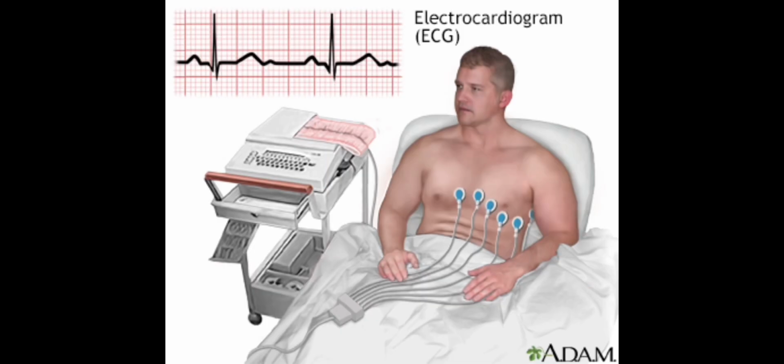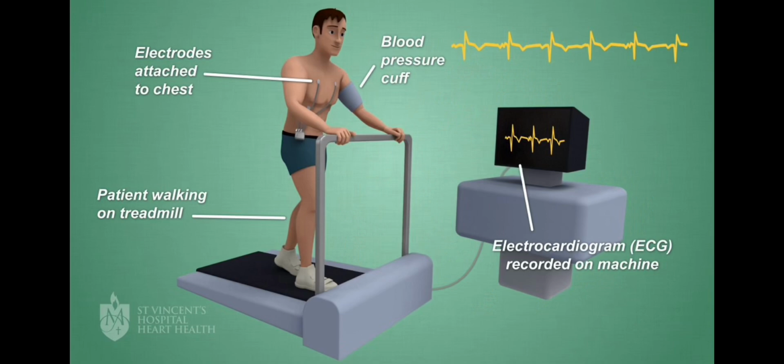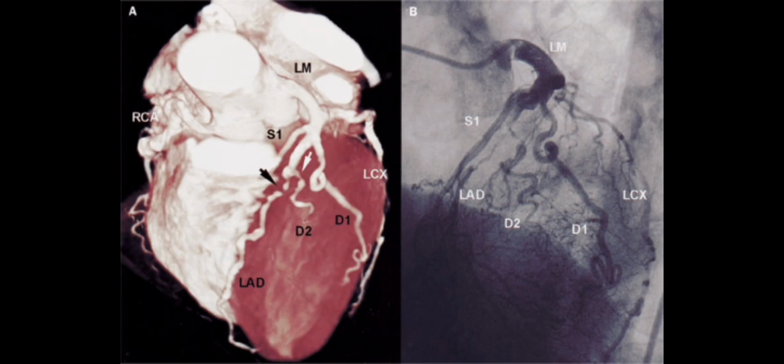Some diagnostic tests that medical professionals will run are an electrocardiogram, which is a test that will record the electrical activity of the heart, a stress test, which is a medical test that will measure how your heart will perform under stress, like exercise, and the coronary angiography, which is a special medical procedure where a dye is injected into your arteries and x-rays are taken to look at your blood vessels.